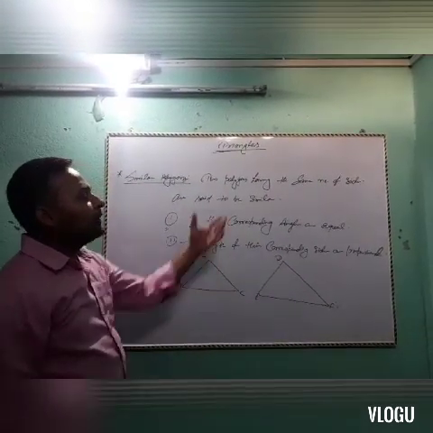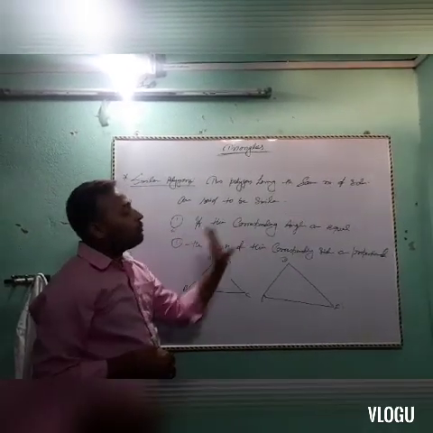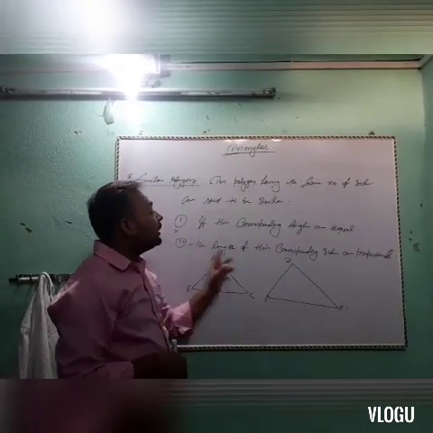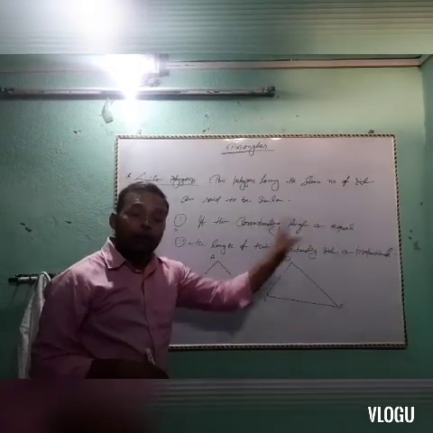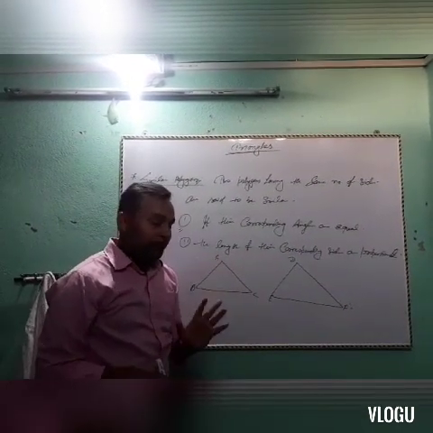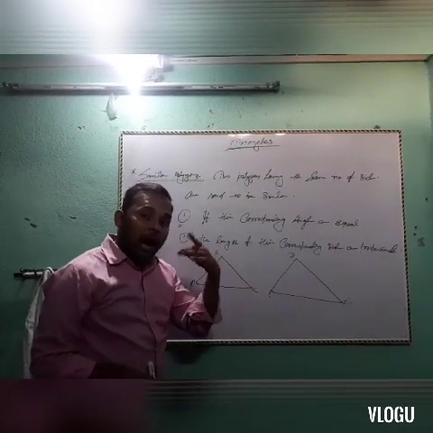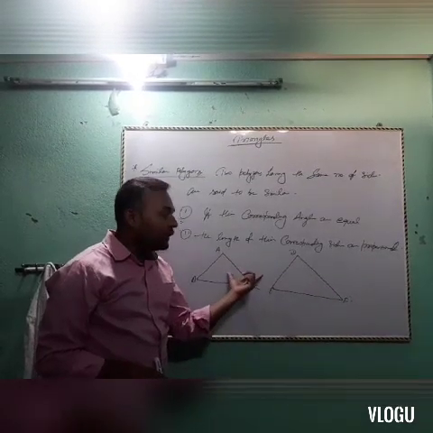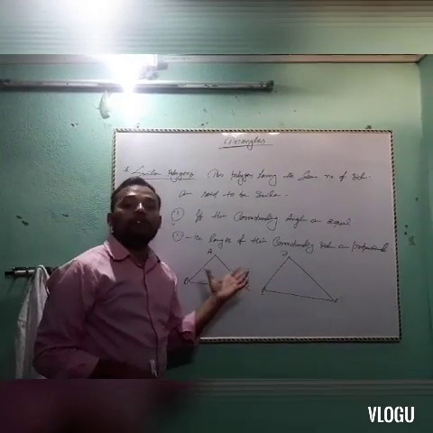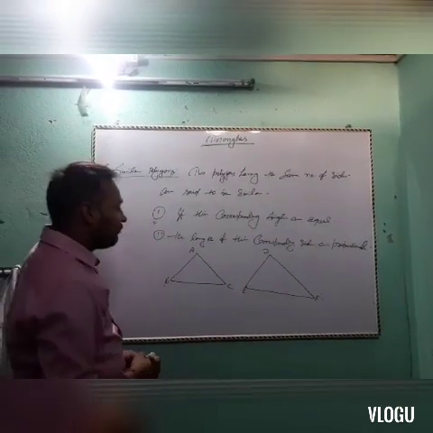Two polygons having the same number of sides are said to be similar if their corresponding angles are equal and the lengths of their corresponding sides are proportional. Two polygons are said to be similar if their shapes are equal and the sides are different. So ABC and DEF are similar.